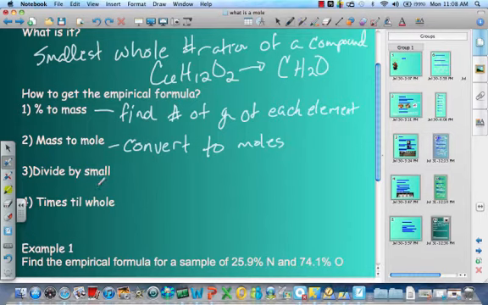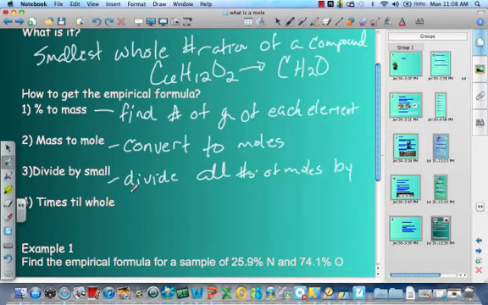Then you're going to divide by small. So you're going to divide all numbers of moles by the smallest amount of moles. Once you find your number of moles, you're going to take the smallest amount of moles and divide each of those numbers by that smallest number.